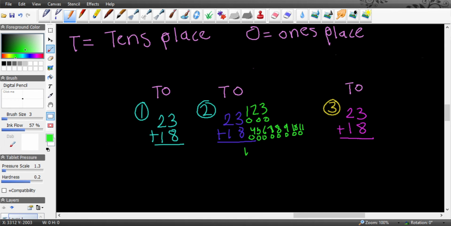So 3 plus 8 is going to be 11, and we're going to take that 1 we had in the tens place, and we're going to put it above the 2, below the tens place, the T over here.